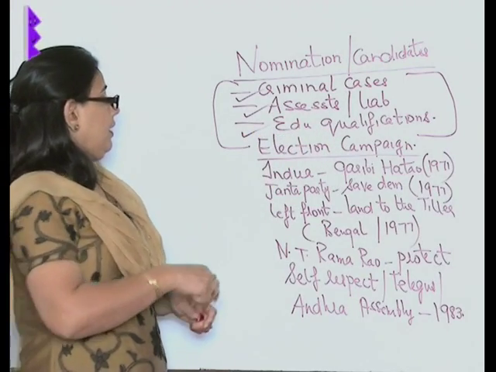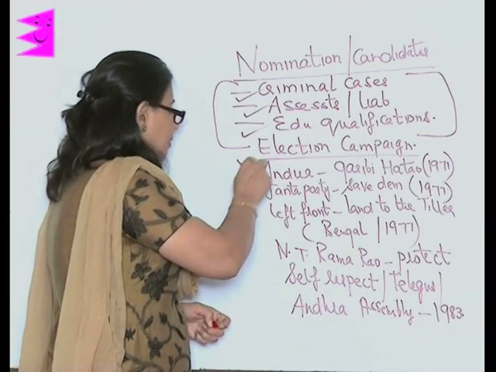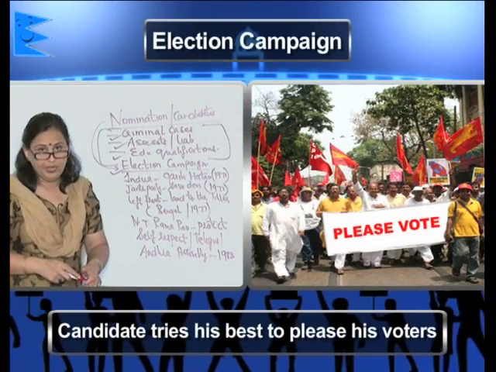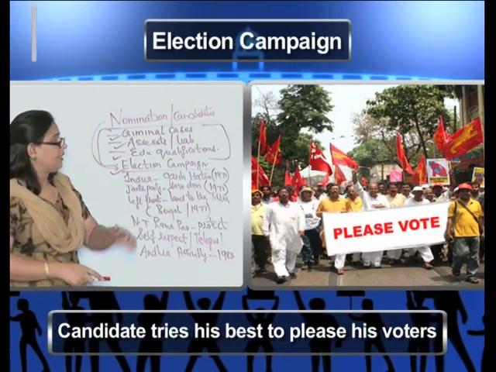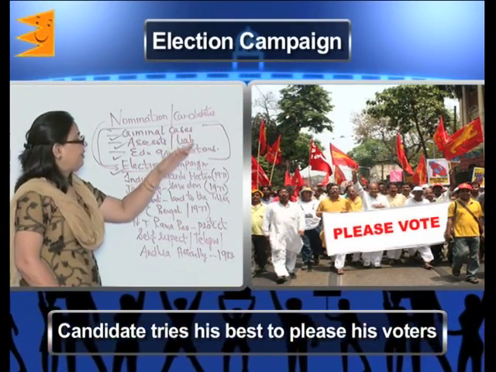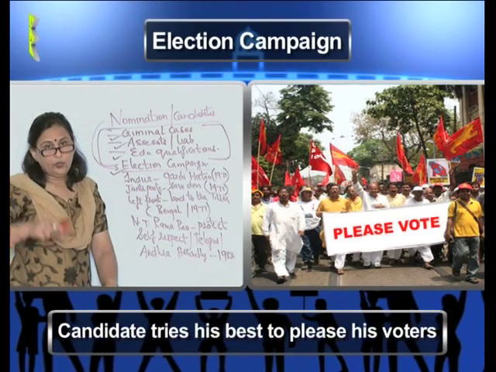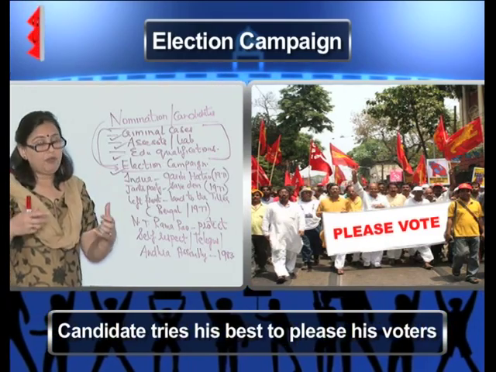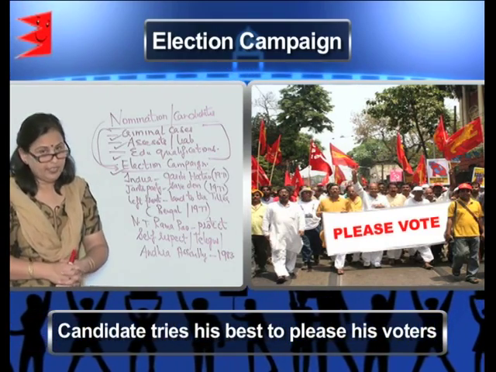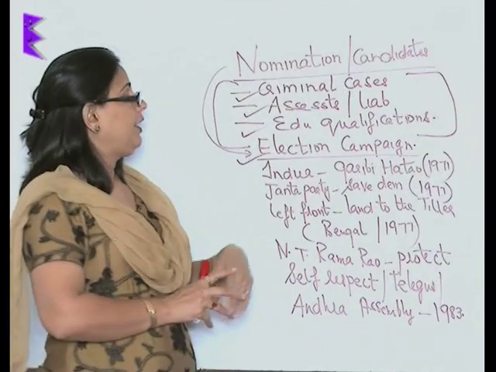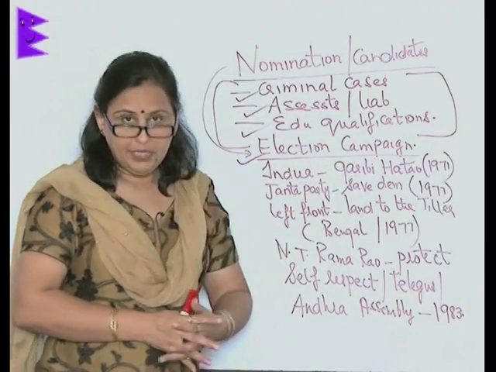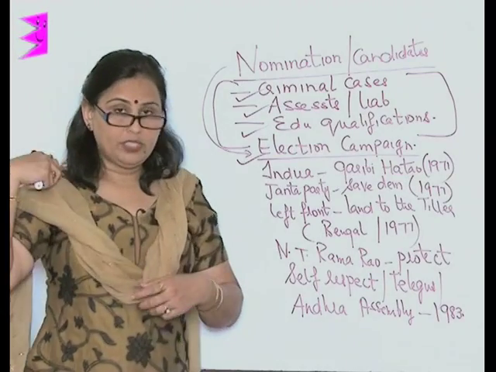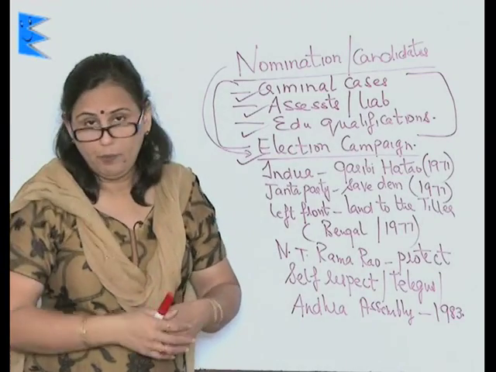Well, the election campaign begins after nomination, as I said. So, in these campaigns, the candidate tries his best to please his voters. It could be in the form of an attractive election manifesto. He could be holding meetings. He could be going from door to door. There could be posters all around. There could be promises.